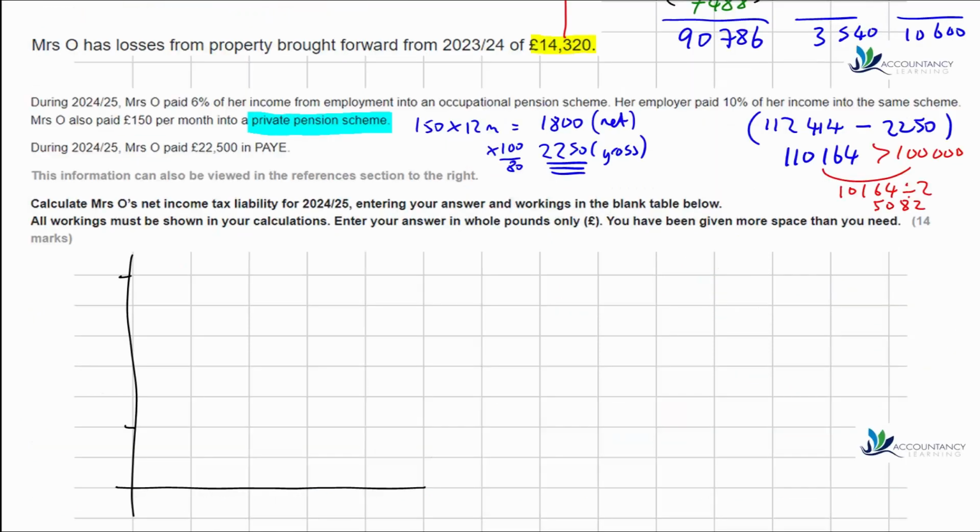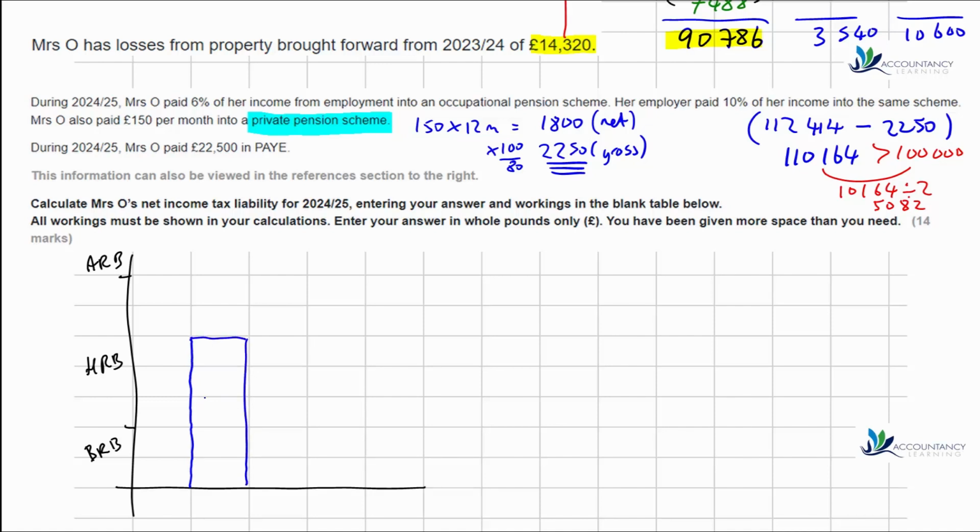So before we start doing any numbers, let's try and visualize what's going on here. So remember, we've got our basic rate band, and then our higher rate band, and then our additional rate band. So we've got our general income of 90,786. So that's enough to be taxed at the basic rate band, but also push us further into the higher rate band as well.